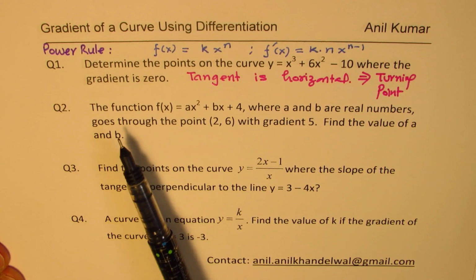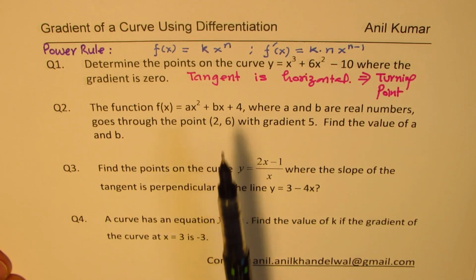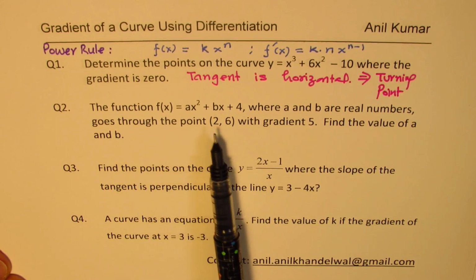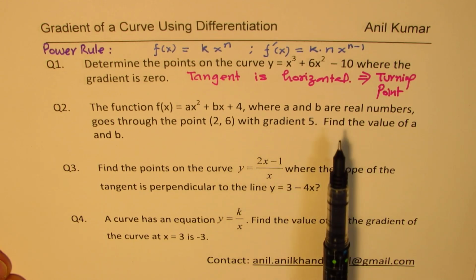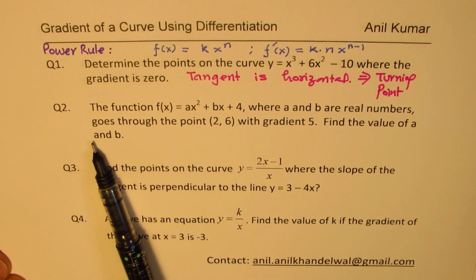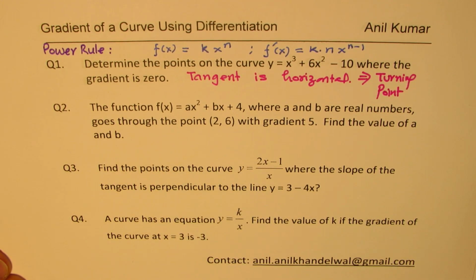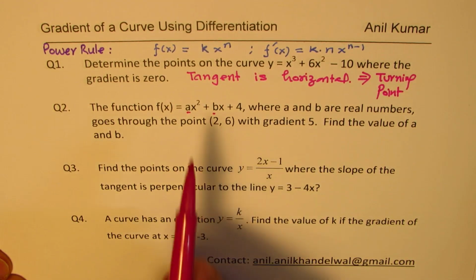Question number 2. The function f of x equals ax squared plus bx plus 4, where a and b are real numbers, goes through the point (2, 6) with gradient 5. Find the value of a and b, right? So that's a quadratic equation. We need to find what is a and what is b. So there are two unknowns.